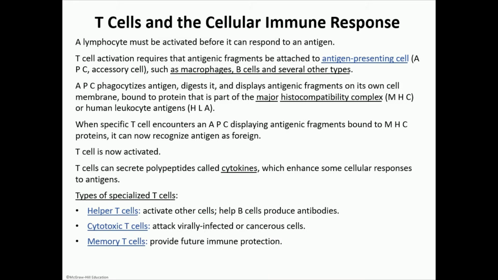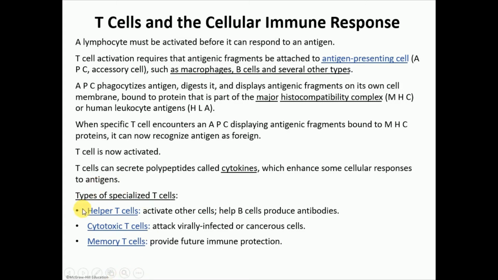In order to understand how the immune system works, the interaction between the T and the B lymphocytes, we need to know that these lymphocytes are inactive and they have to be activated in order to respond to an antigen. We'll start off by activating your T lymphocytes, the T helper cell.